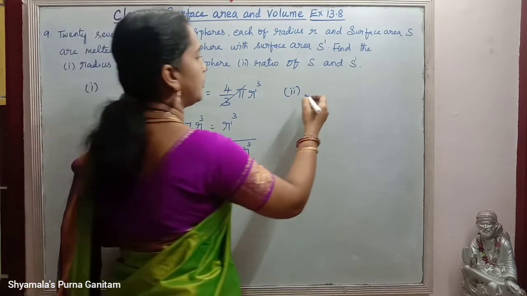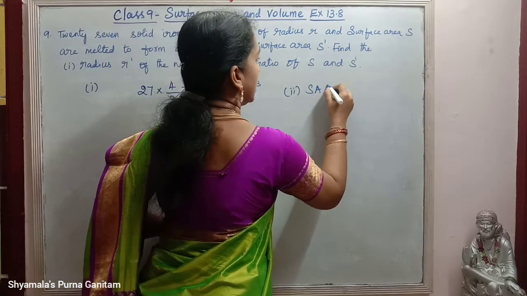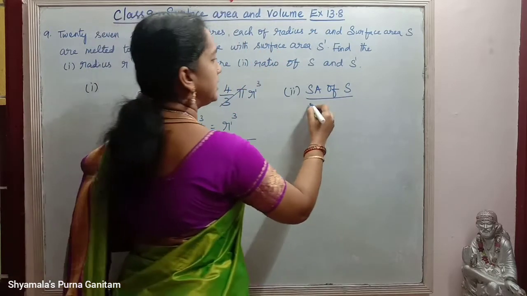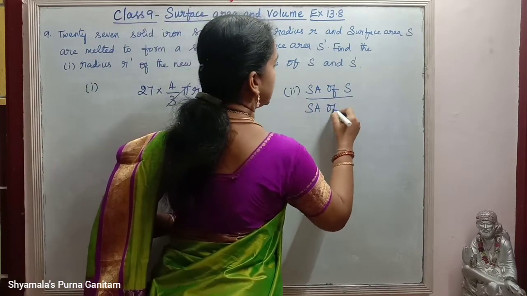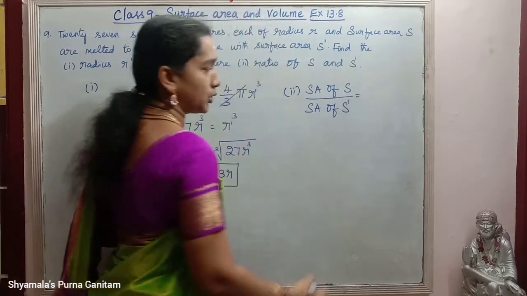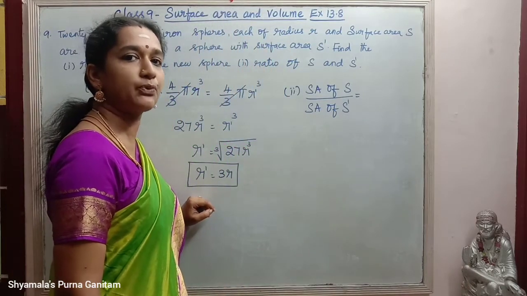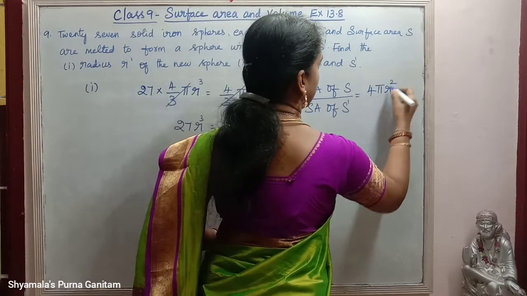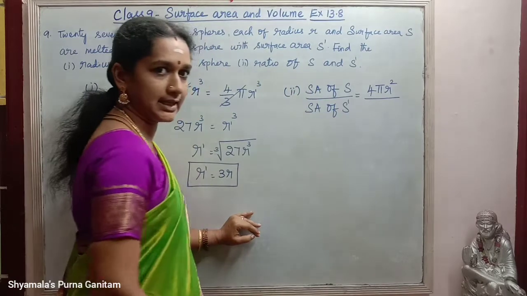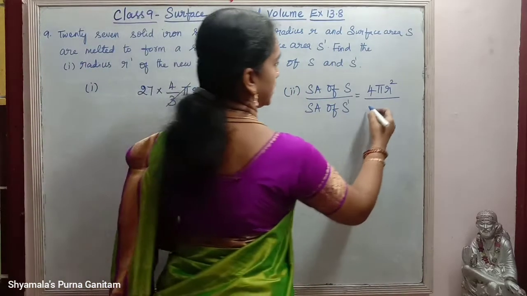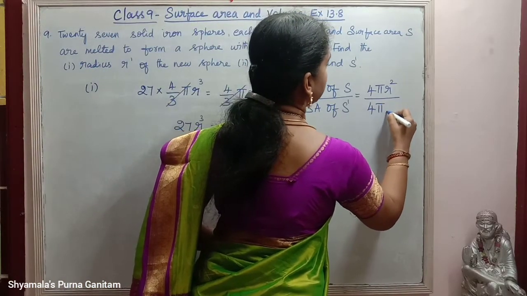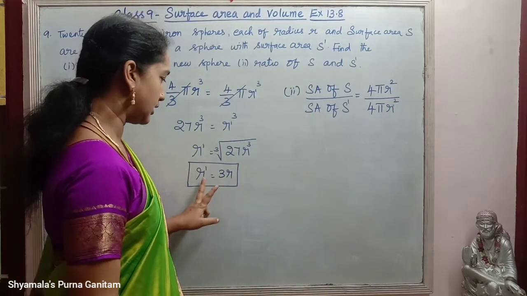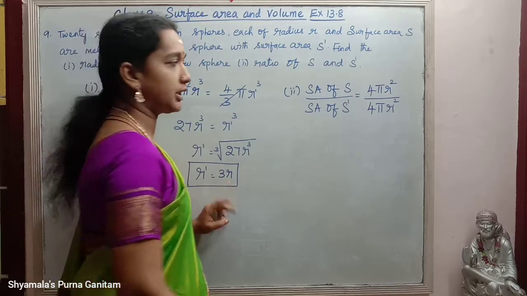Then the second one is the ratio of S and S dash. The surface area of the sphere is S. Then the surface area S dash, we know the surface area is 4 pi r square. So this is 4 pi r square divided by, for S dash, the radius is R dash, so 4 pi R dash square. We know that R dash is equal to 3 times r.